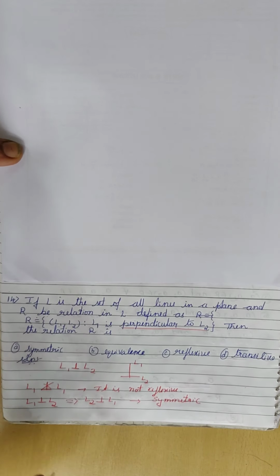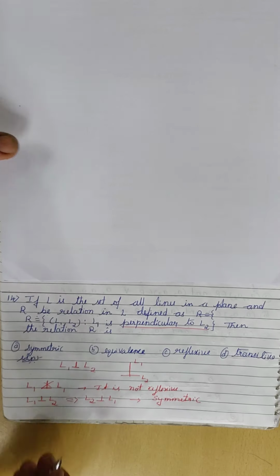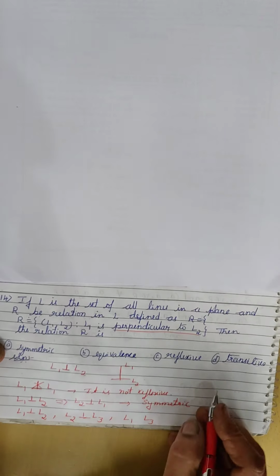And we will take a look at the next one, that is transitive. We have here L1 perpendicular to L2, and if L2 is perpendicular to L3, then L1 should be perpendicular to L3. Let us take a look at that. Is it true? Now we have L1 perpendicular to L2, then L2 is perpendicular to L1, and we have here L3.